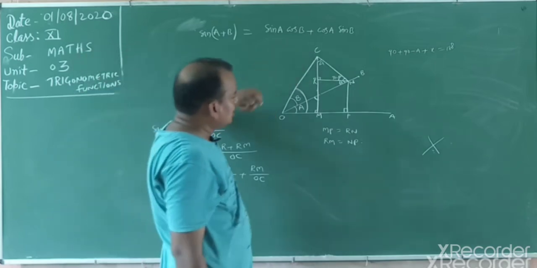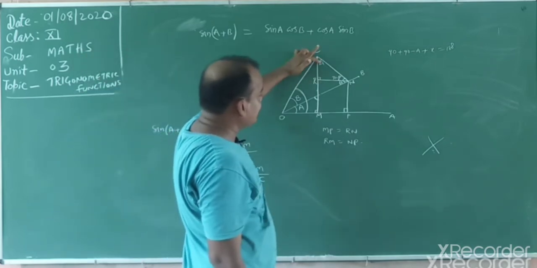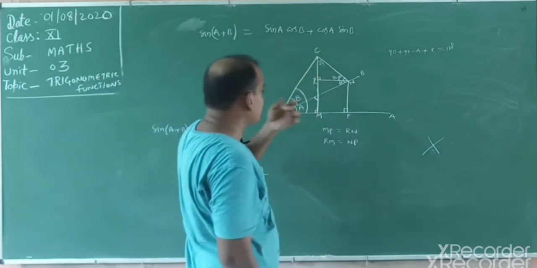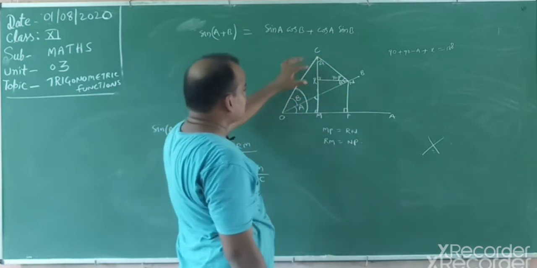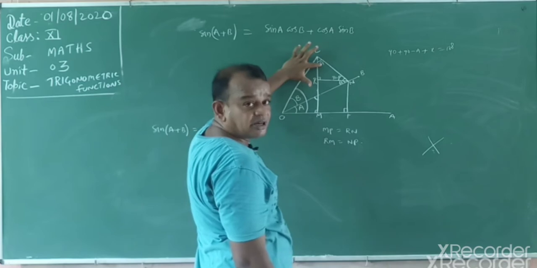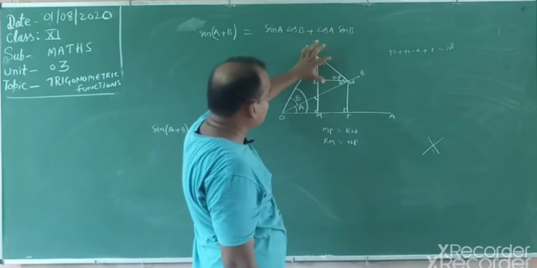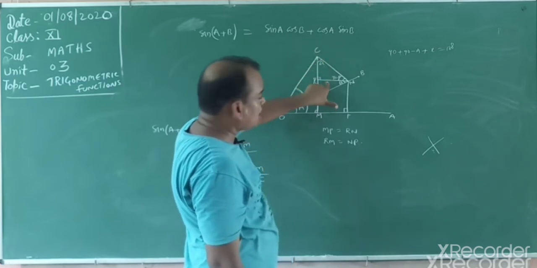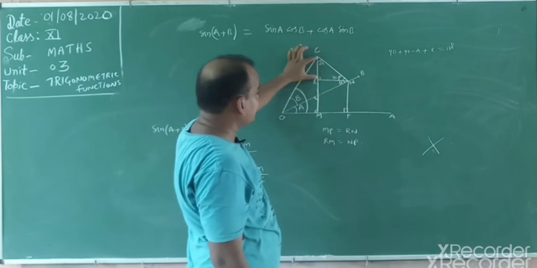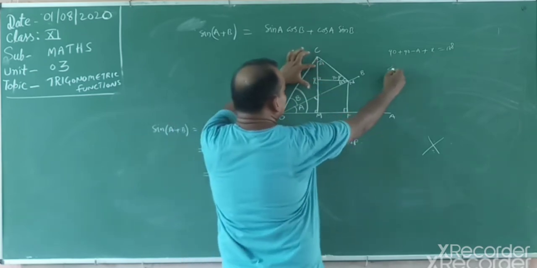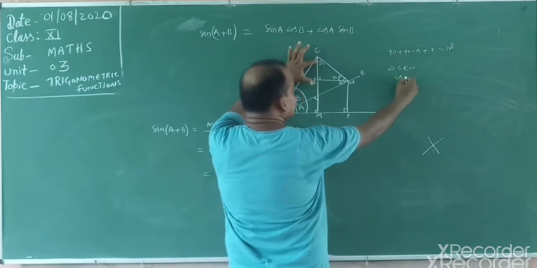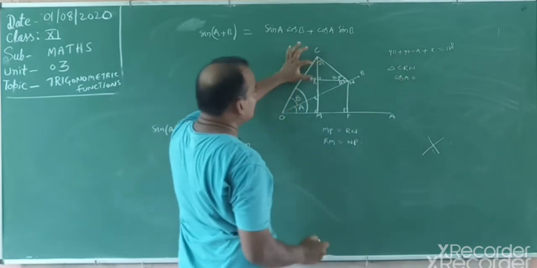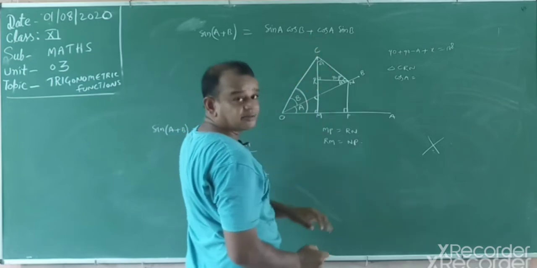In a triangle, suppose opposite side by hypotenuse or adjacent side by hypotenuse, you will write sine and cos. Here CR by OC is nothing. Suppose you take this angle A, in this triangle CRN. You apply cos. This is 90 degrees, which means this is the hypotenuse. Opposite to A is called the opposite side. This is called the adjacent side. In the triangle CRN, we know that cos A is equal to adjacent side by hypotenuse.